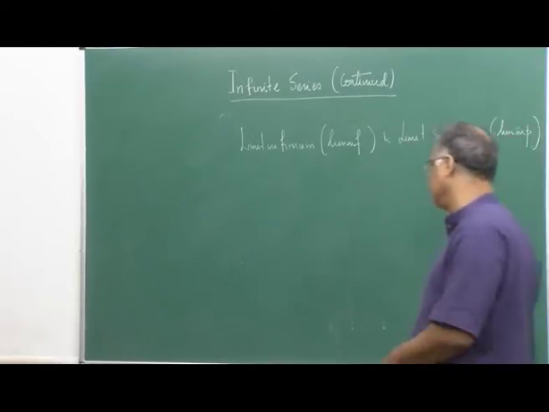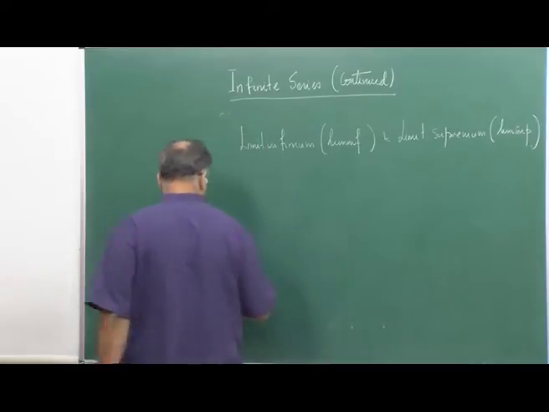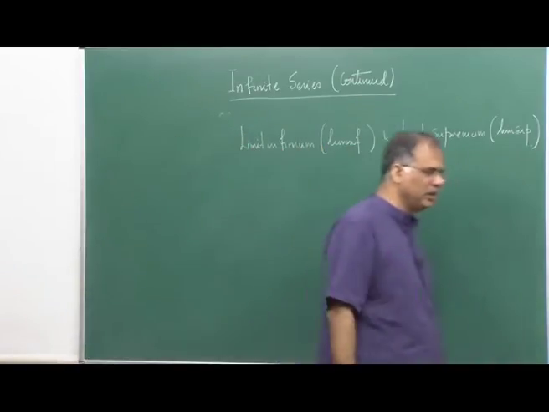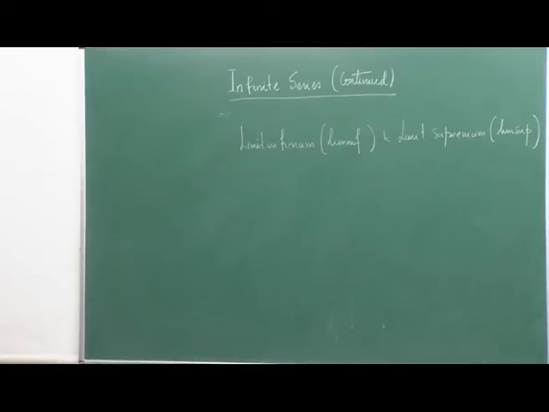Let us see what the meaning of limit supremum and limit infimum is. We will not get into too much detail, but we will tell you exactly how we can work it out. The behavior of limit supremum and limit infimum is similar to the behavior of supremum and infimum.